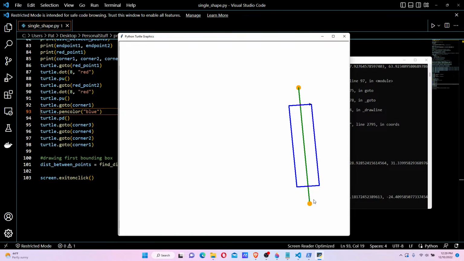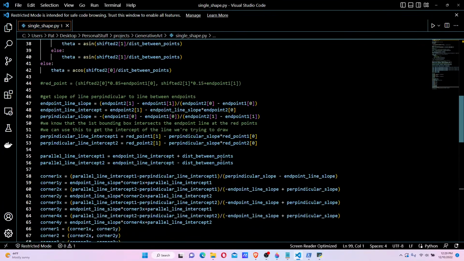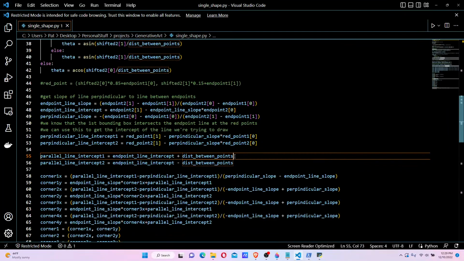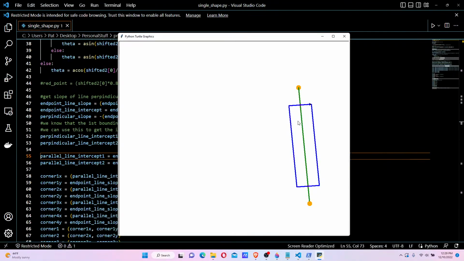Although the bounded box should be a little bit bigger that way. How much am I offsetting those? Distance between points equals endpoint line intercept plus distance. What? Well, the distance between points is this.